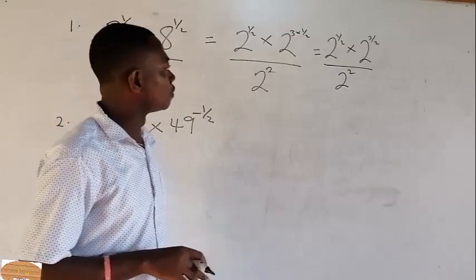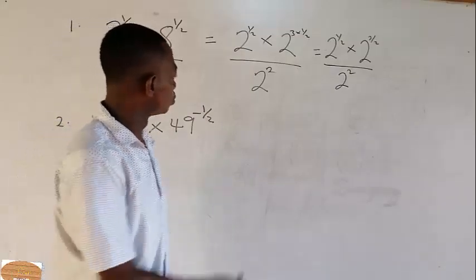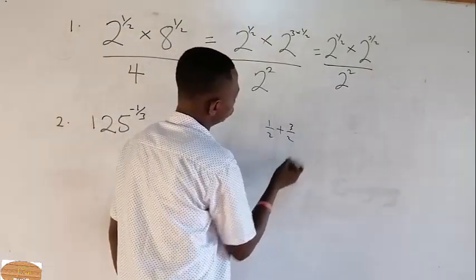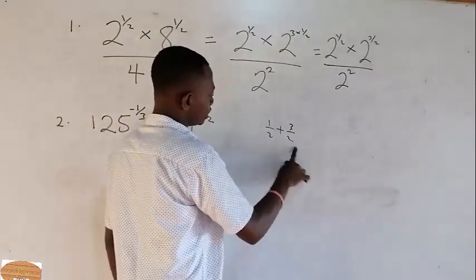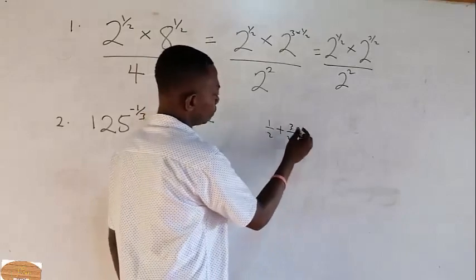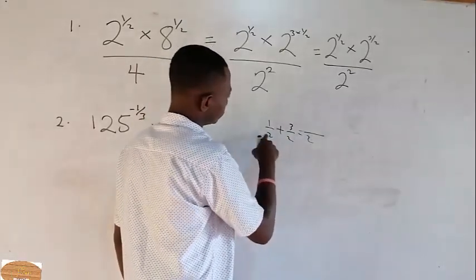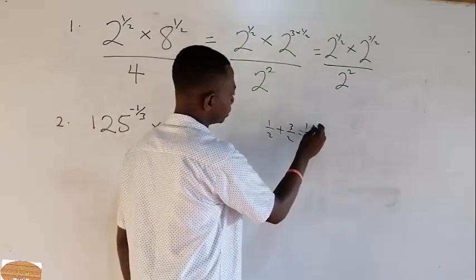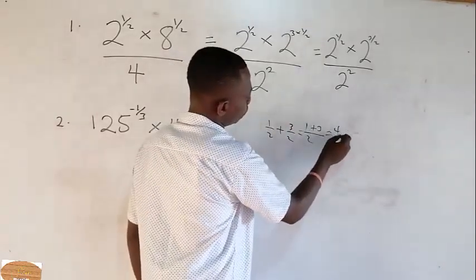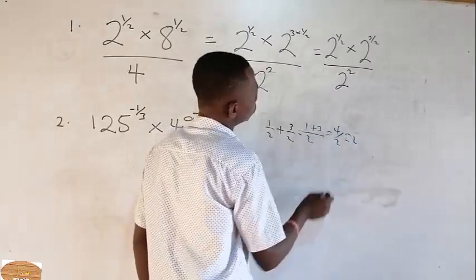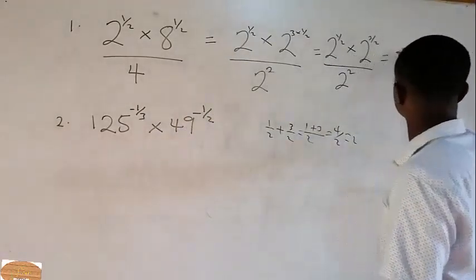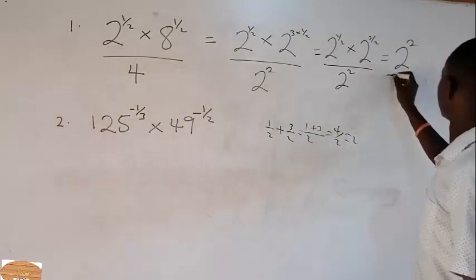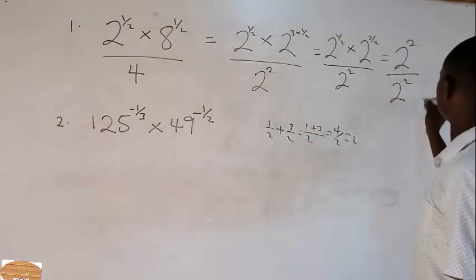The LCM is 2. 2 into 2 is 1, 1 times 1 plus 3 is 4, over 2, which is 2. So I get 2 to the power 2 over 2 to the power 2.